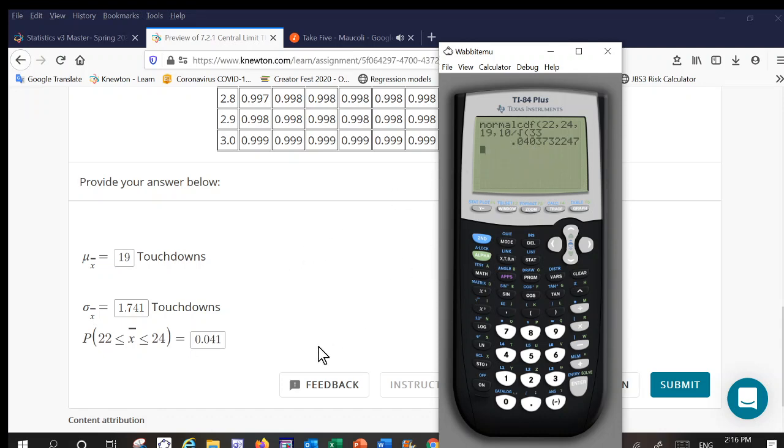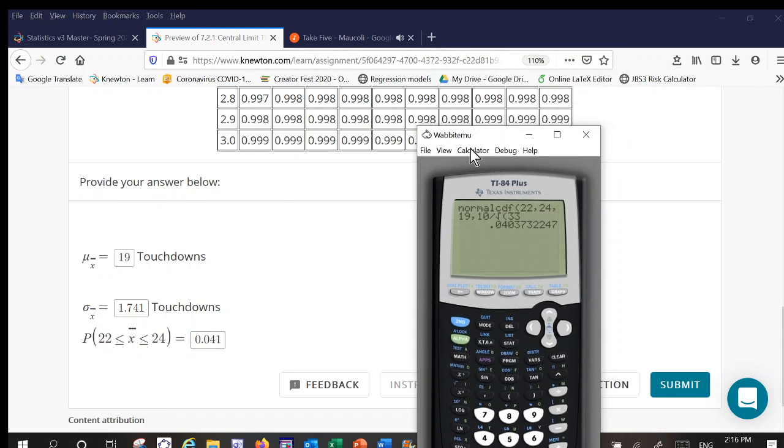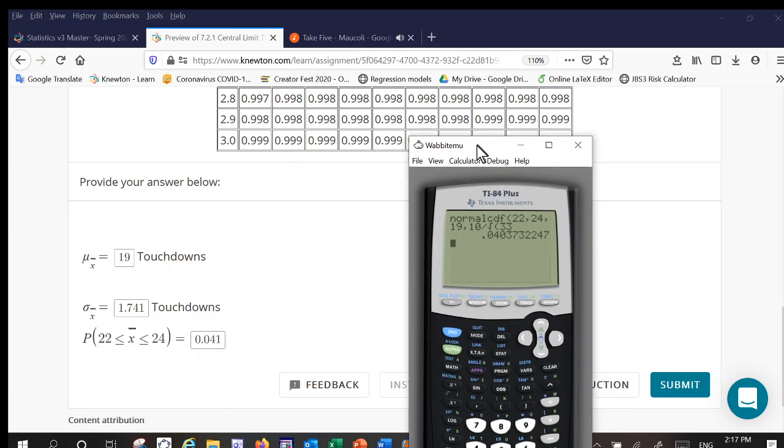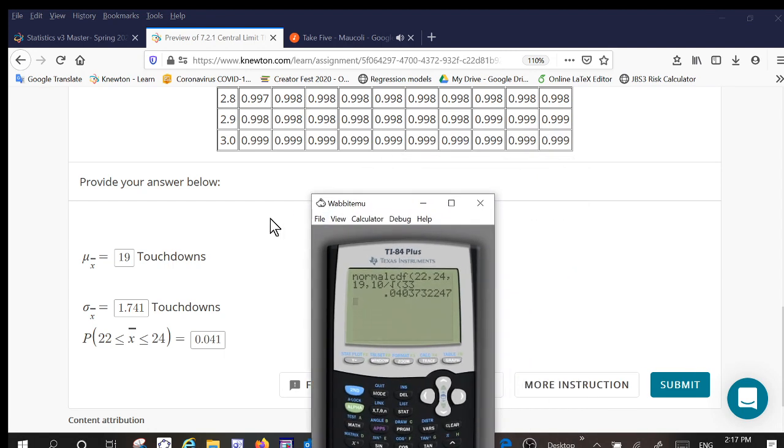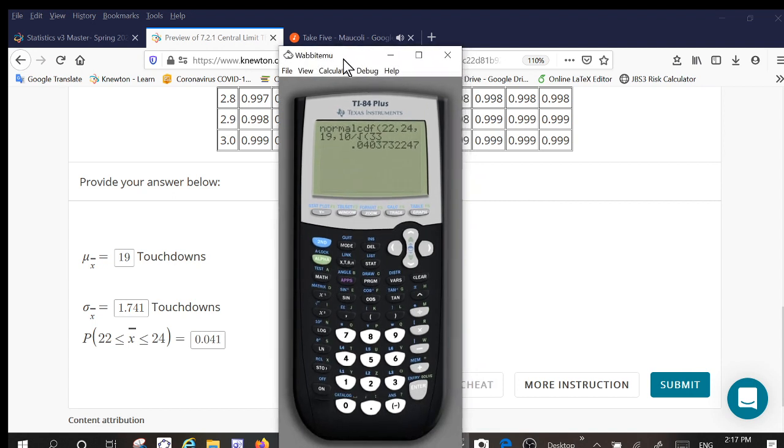If you do some rounding with the z-table, you might get a slightly different answer, just a little bit off. But in this case, instead of putting the standard deviation as 1.741, we just use all the decimal places.